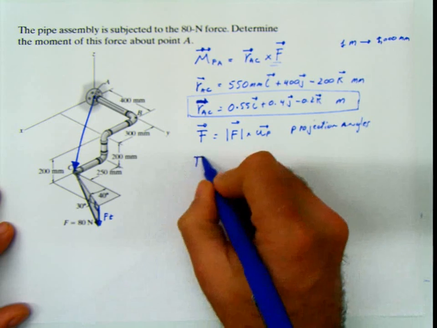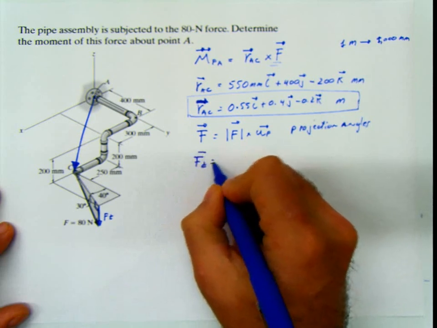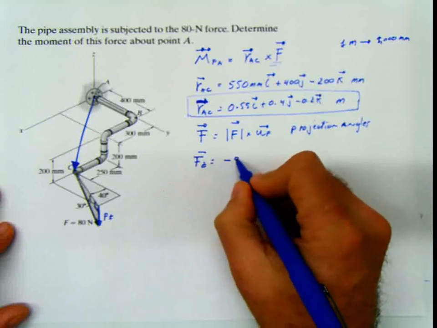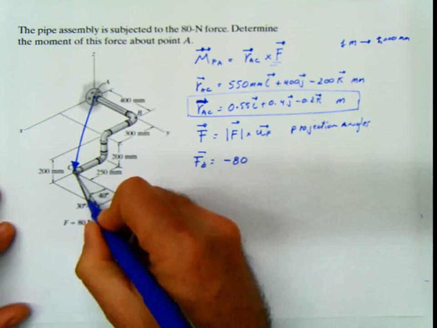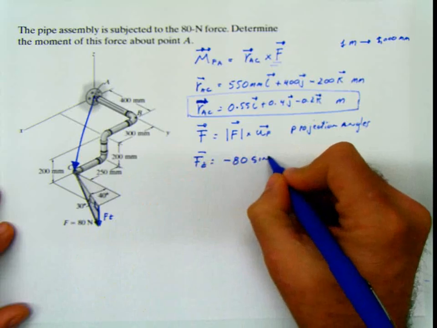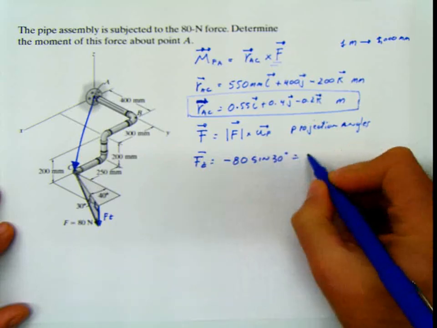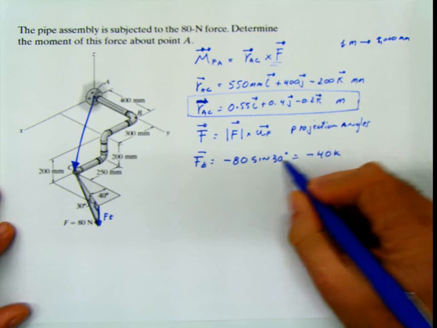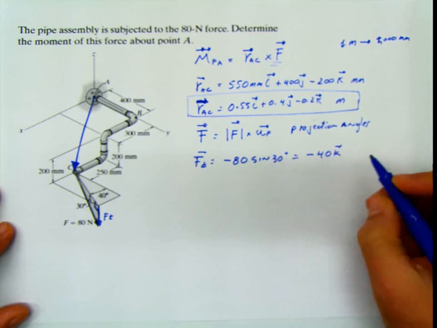So my Z component goes in the negative direction, of course, and it's going to be negative 80 times sine of 30 degrees, which means that this is going to be negative 40k, because sine of 30 degrees is 0.5.